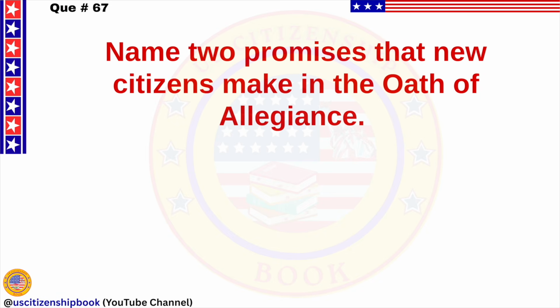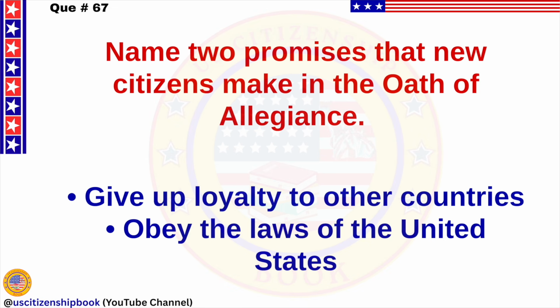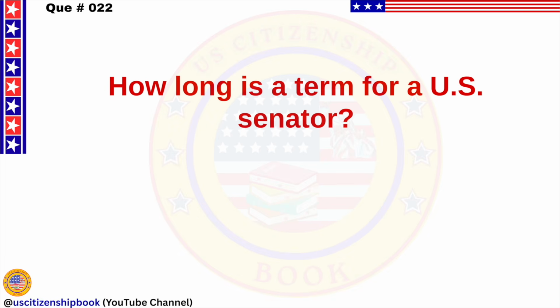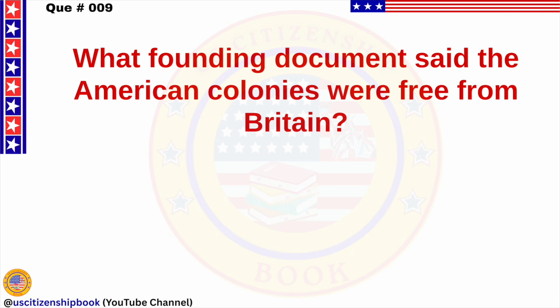Name two promises that new citizens make in the Oath of Allegiance. Give up loyalty to other countries. Obey the laws of the United States. How long is a term for a U.S. Senator? Six years. What founding document said the American colonies were free from Britain?